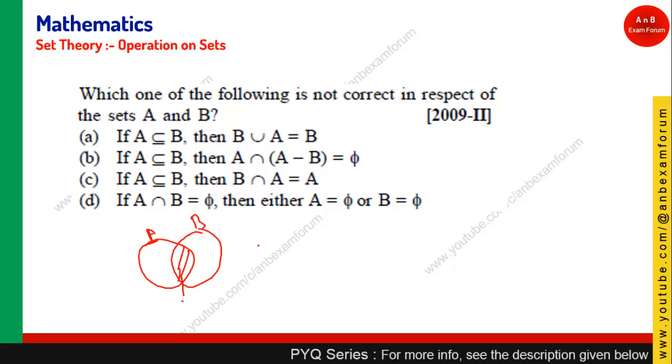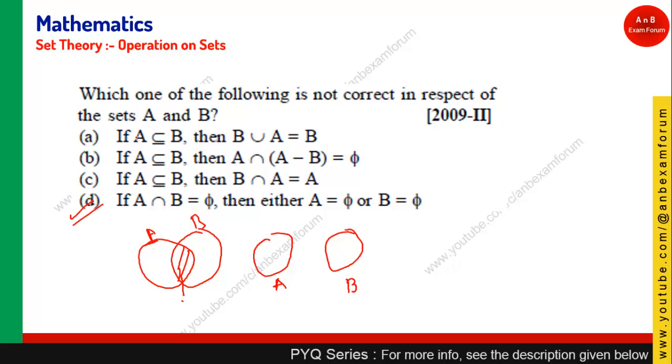If there is no common element between them, they are disjoint sets. Then either A equal to empty set or B equal to empty set, this is incorrect. It doesn't imply this. So option D, we can see, is straight away the correct answer.